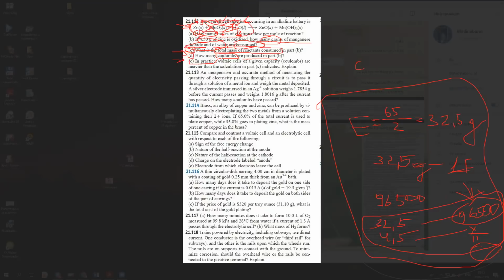And here, in practice, voltage cells of a given capacity are heavier than the calculation in this one.